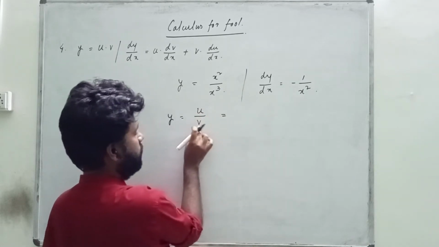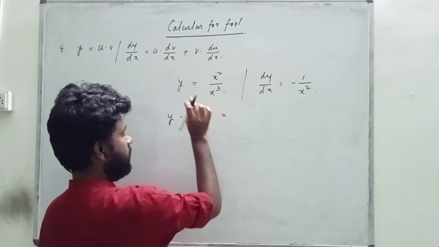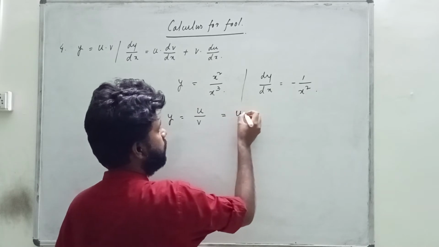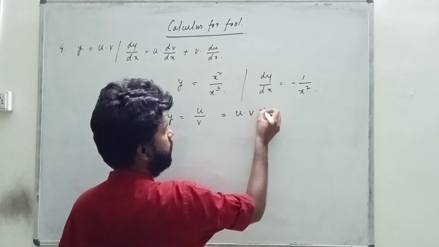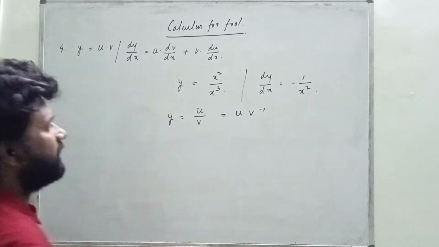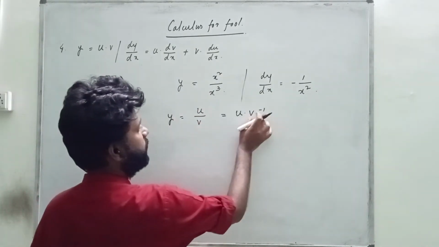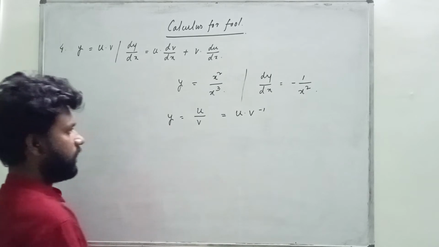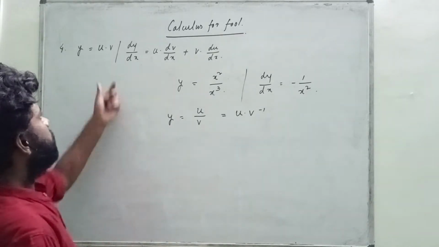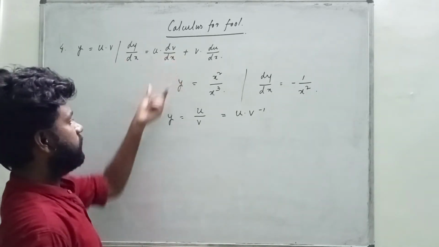If you introduce the v in the numerator here, it goes u into v to the power minus 1. It's very simple because 1 by v means v to the power minus 1. Okay. Now I will proceed from here.